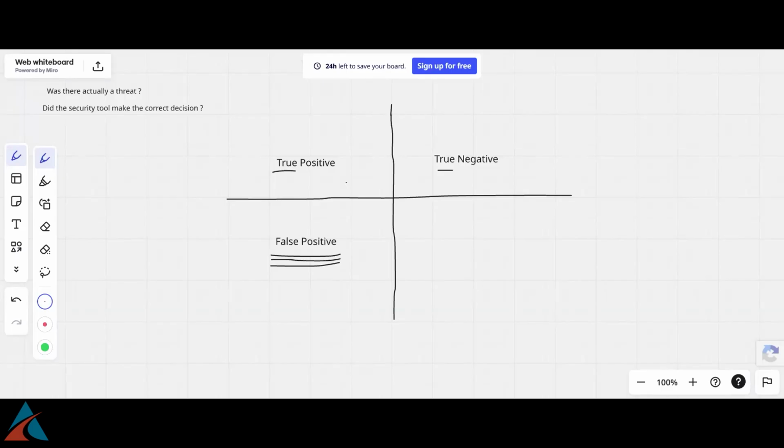Let's relate it to our example, which was the security guard. Let's say Suruchi is a genuine employee, but the security guard on the gate suspiciously found Suruchi is a thief, though she is a legitimate employee.